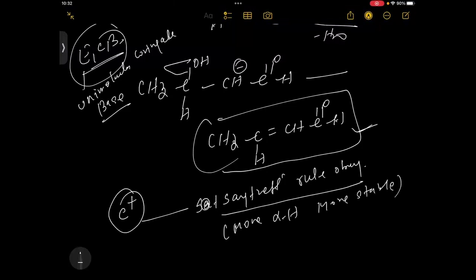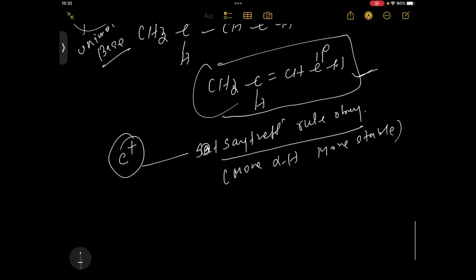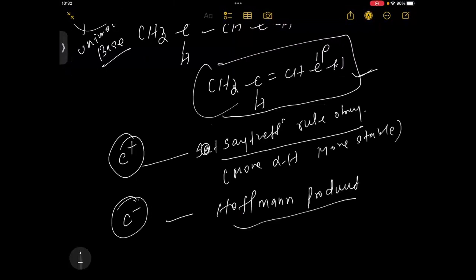If a carbanion is formed, if the negative charge on carbon is there, then the Hofmann product is formed. That means the E1CB mechanism will follow.